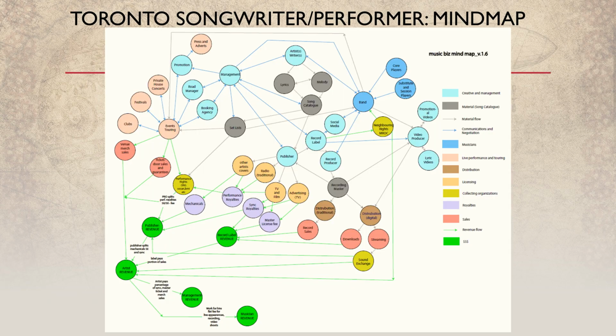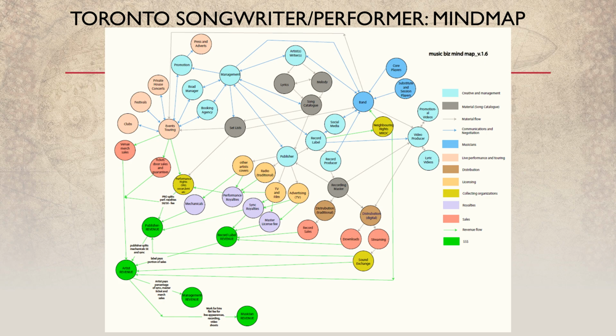It's pretty small. But if we go through the colored boxes on the right-hand legend, we can see that we've got creative and management in the turquoise magenta box. We have the song catalog in gray. We have musicians in blue.